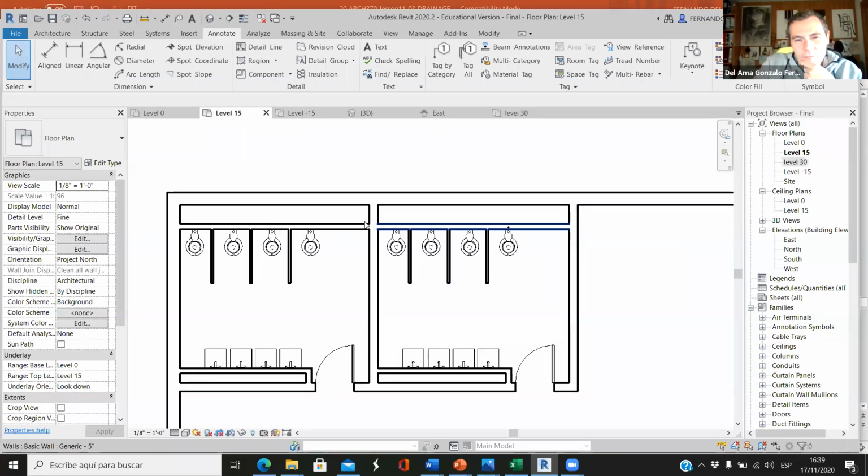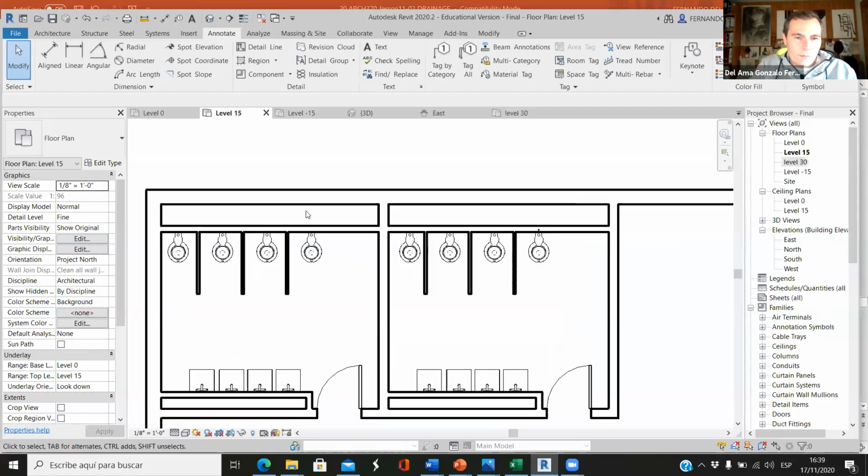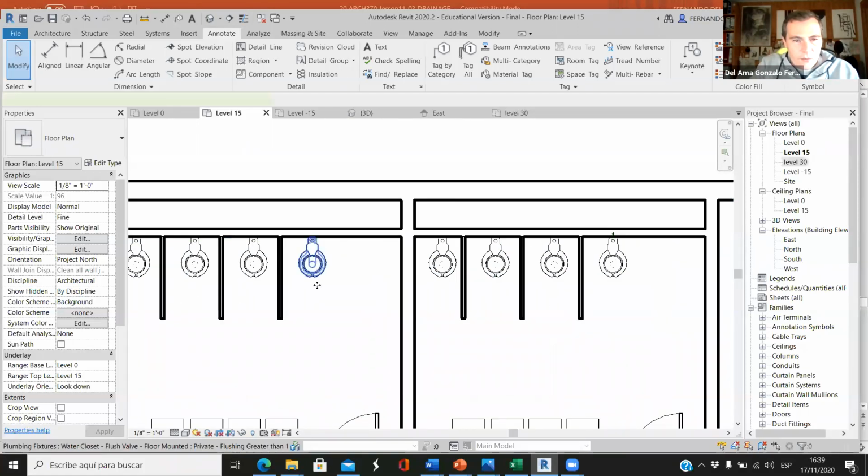Let's have only one. But if we have only one stack for 8 toilets, I think it would be better having one here instead of there, because otherwise we have a long horizontal branch. The horizontal branches have to be as short as possible.